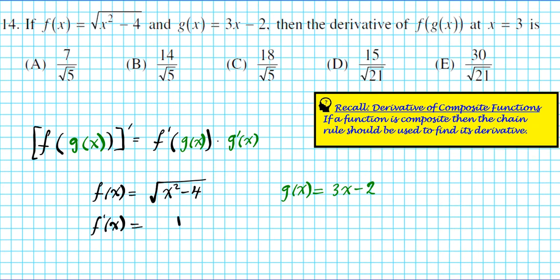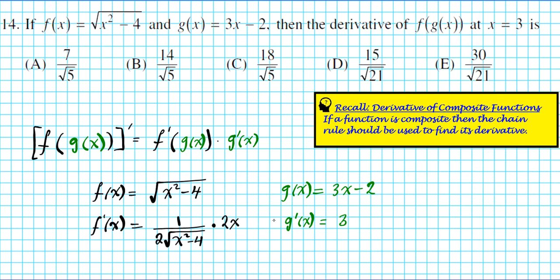So if I differentiate this, I'll have 1 over 2 root x squared minus 4. But it's a composite function. I have to differentiate the inner, which is times 2x. Okay, and then g prime of x, we differentiate that. Derivative of 3x is just 3, and derivative of 2 is 0.